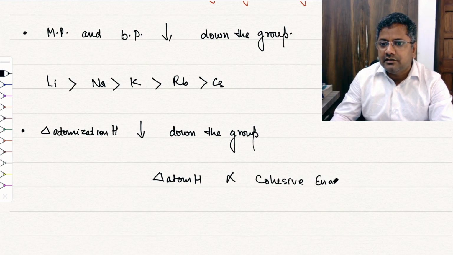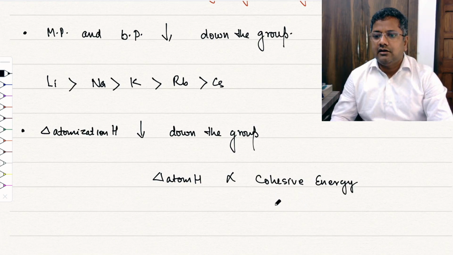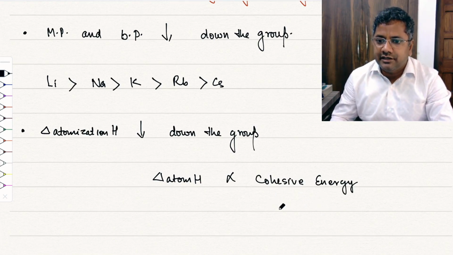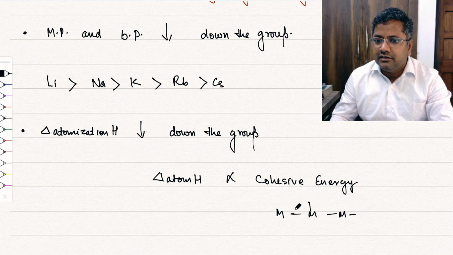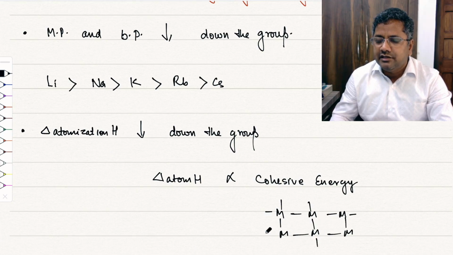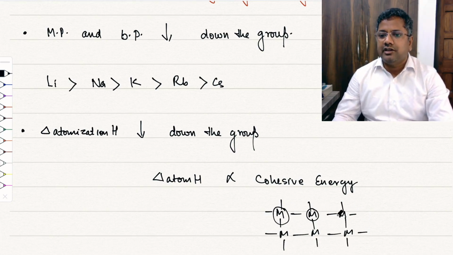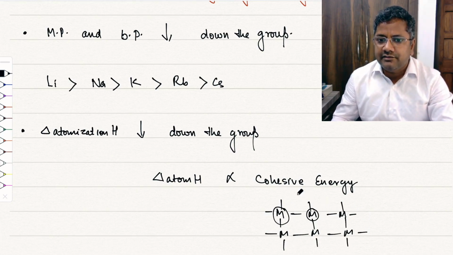Cohesive energy means the energy which bonds the metal in the lattice, an energy which operates between similar kinds of atoms, like between sodium atoms.